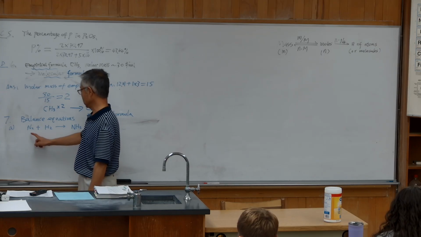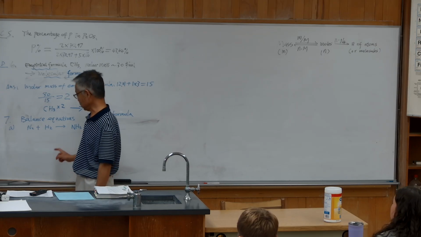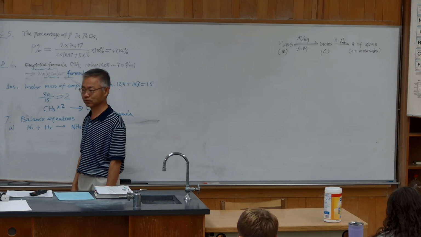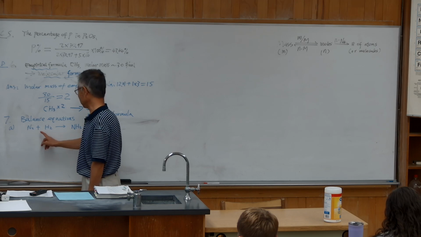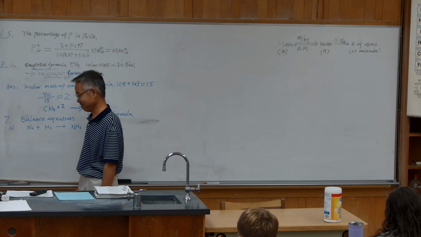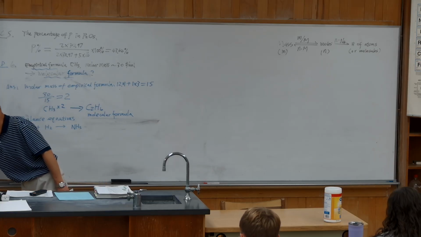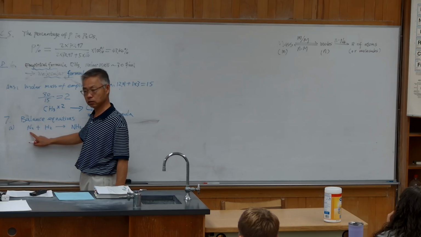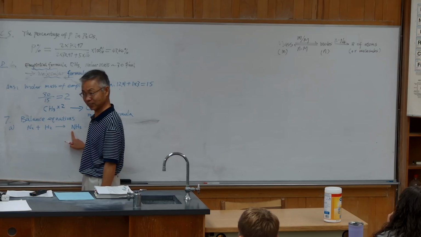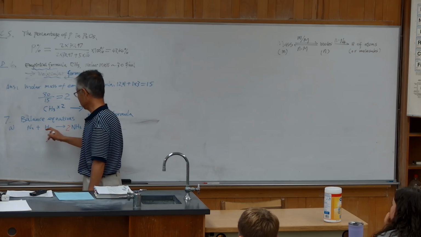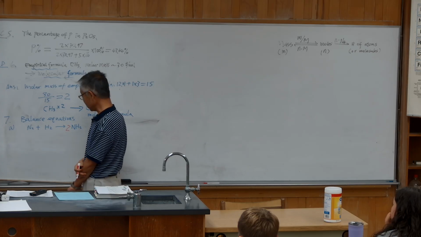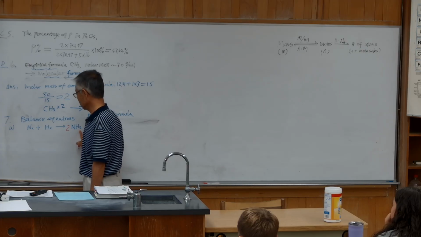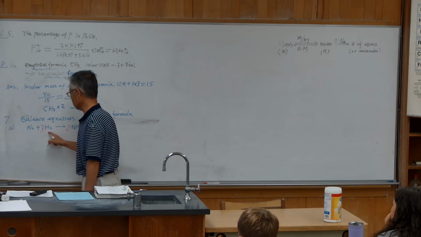For this case, nitrogen and hydrogen are the only two elements, and each shows up only one time. So you can balance either nitrogen or hydrogen, it doesn't matter. Nitrogen is the easiest because here there are two nitrogen, so here there must be two. Now balance hydrogen. 2 times 3 is 6, so you need to put 3 in front.